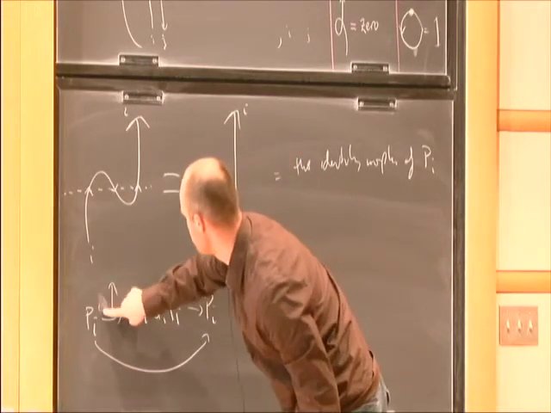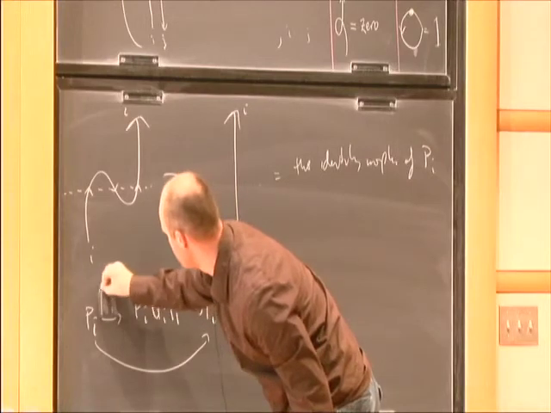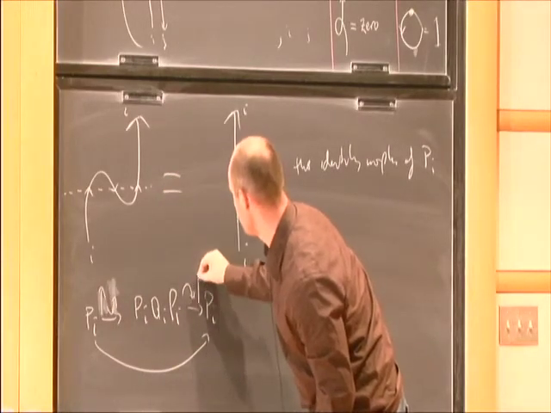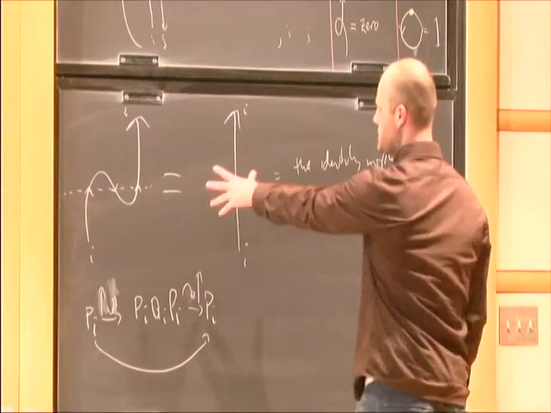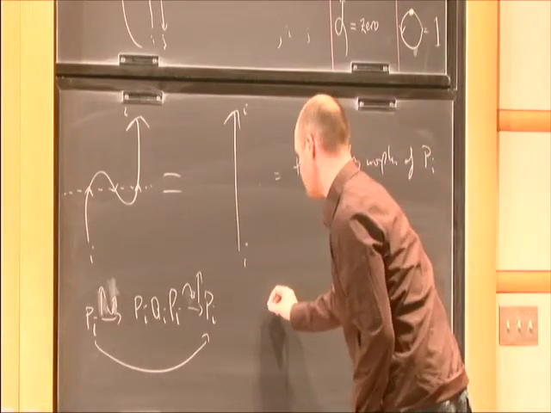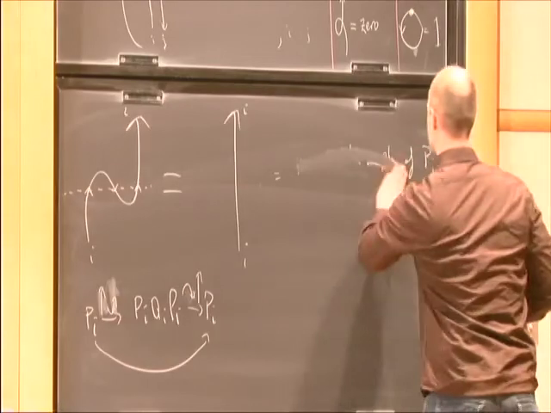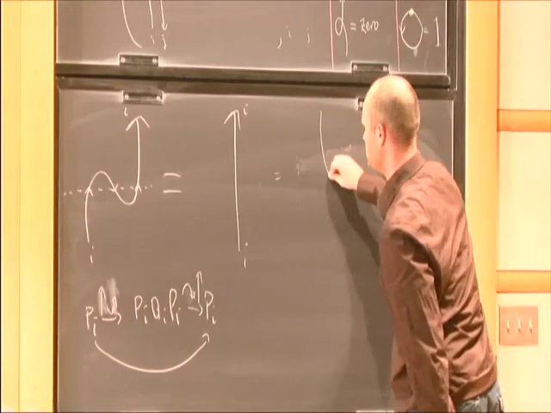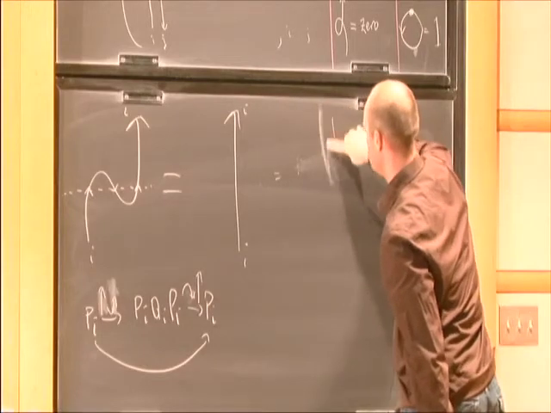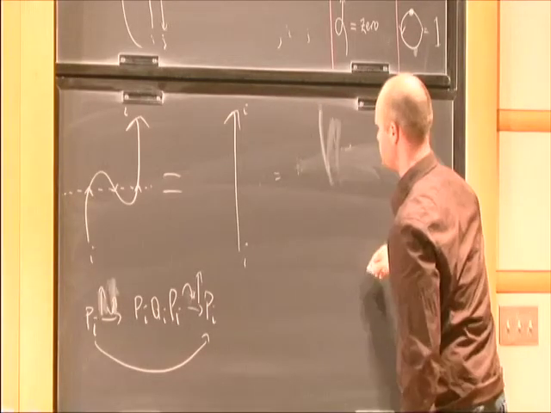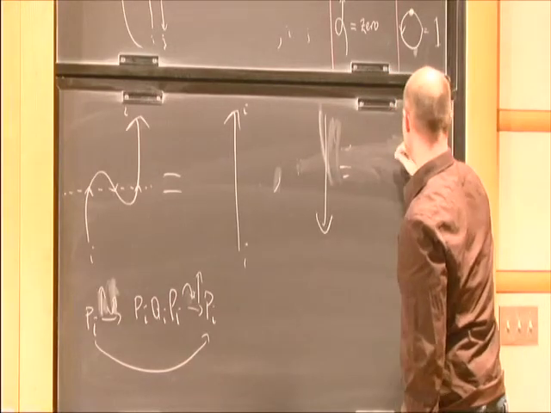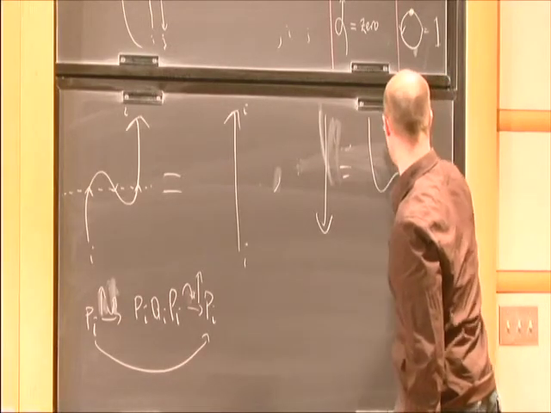Sorry. Whoops. This is the wrong way. This cup and this cap. And of course, similar isotopies for example, this is also equal to, well, similarly, if I drew a downward pointing arrow, there we go.